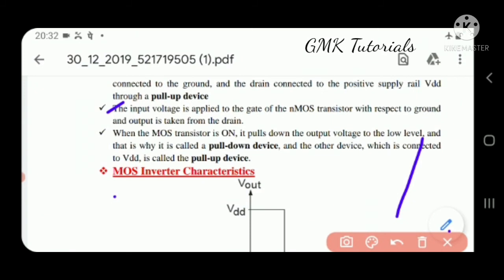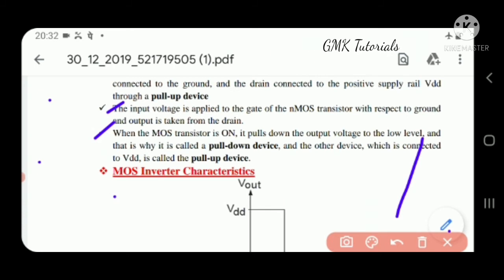Okay, now I will clear the doubt. I think you are wondering why we call the enhancement NMOS transistor a pull down transistor in this situation.